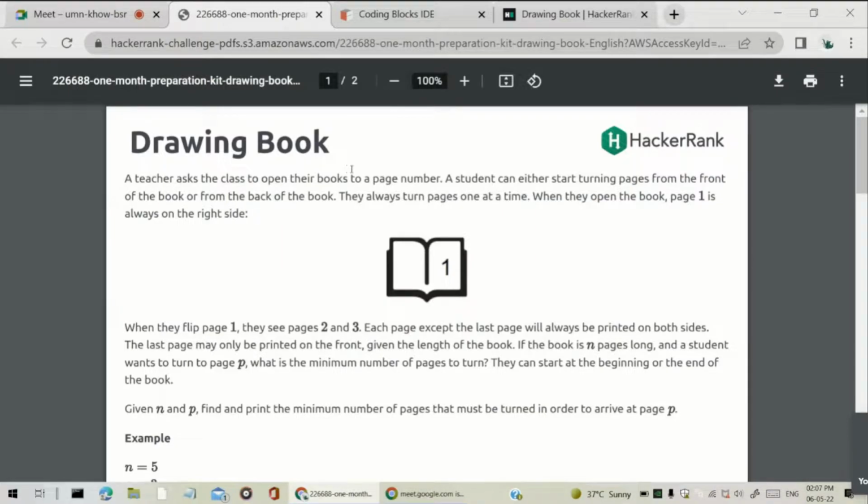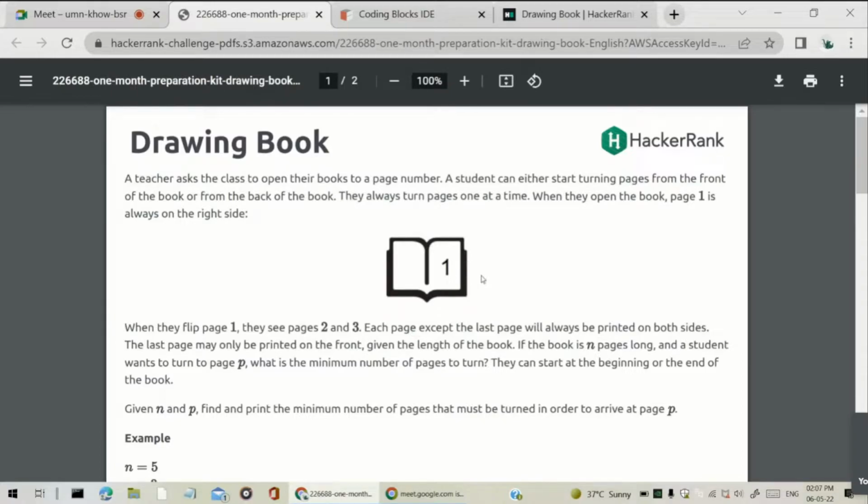So in a class, a student is asked by his or her teacher to open a certain page number. In a book, we will always turn one page at a time. That is the condition we are going to use, and the page number always starts from 1 on the right side.